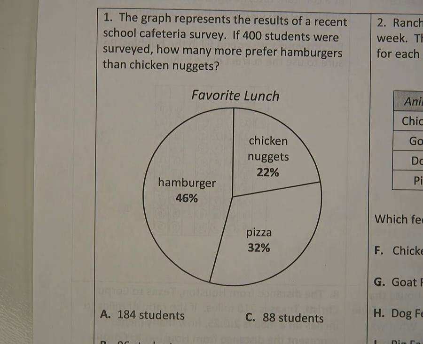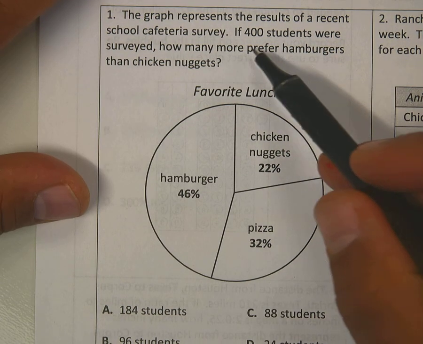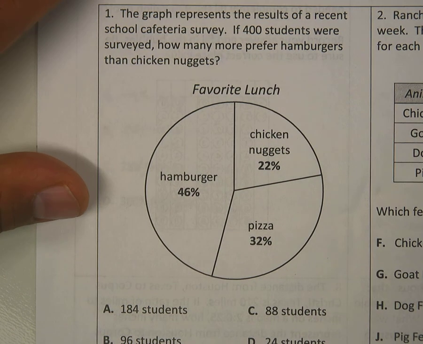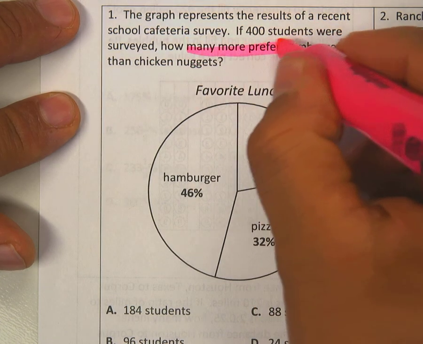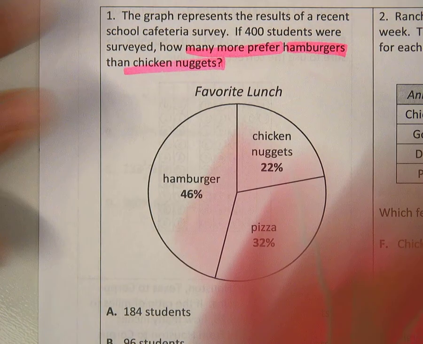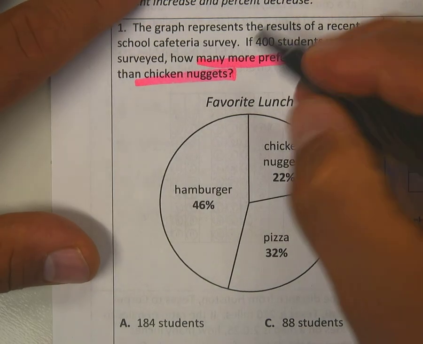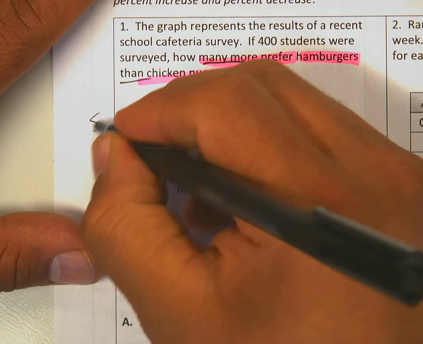Okay, so what they're asking you to do is, if 400 students were surveyed, how many more prefer hamburgers than chicken nuggets? How many more than, right away that tells me that is a subtraction problem.